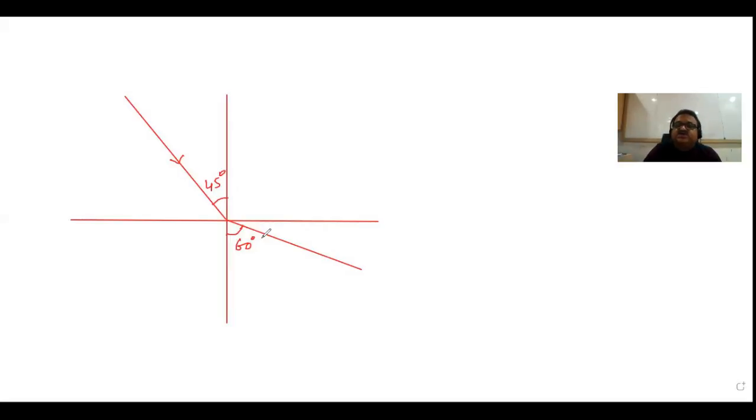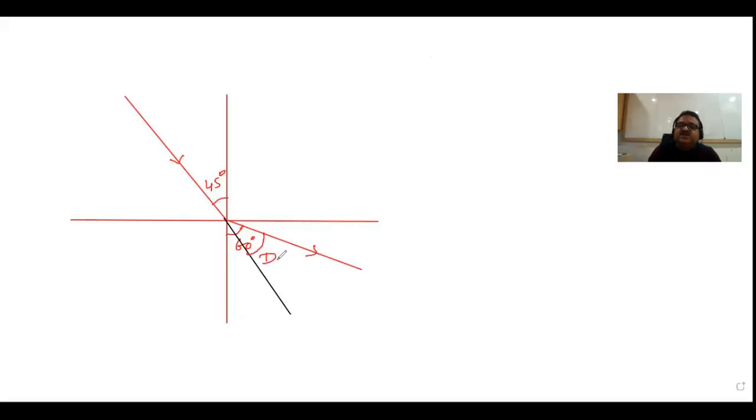So what to do then? As I showed earlier, let me draw a line following the initial path, suppose this one. Now, which angle is the angle of deviation? This is the initial path and this is the new path, so the angle of deviation is this.